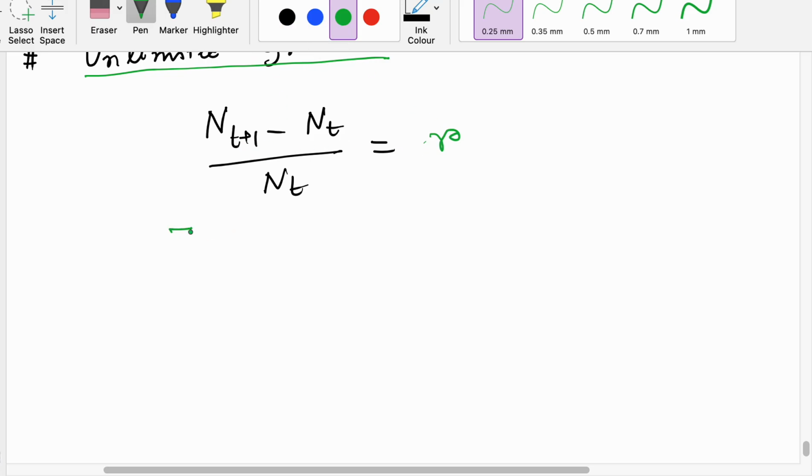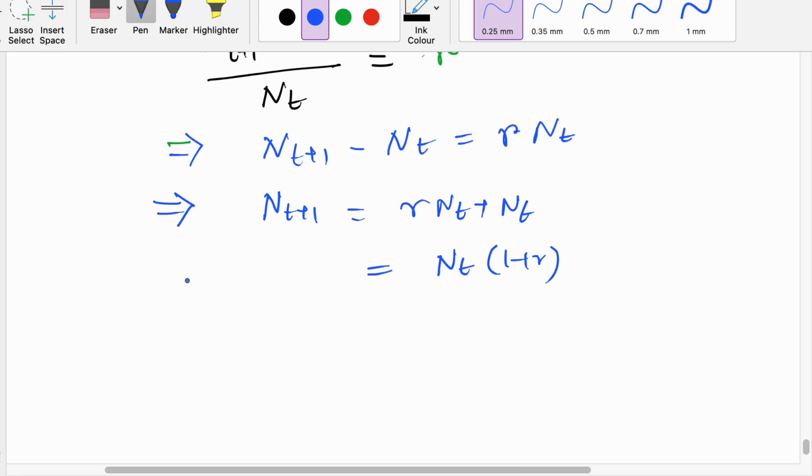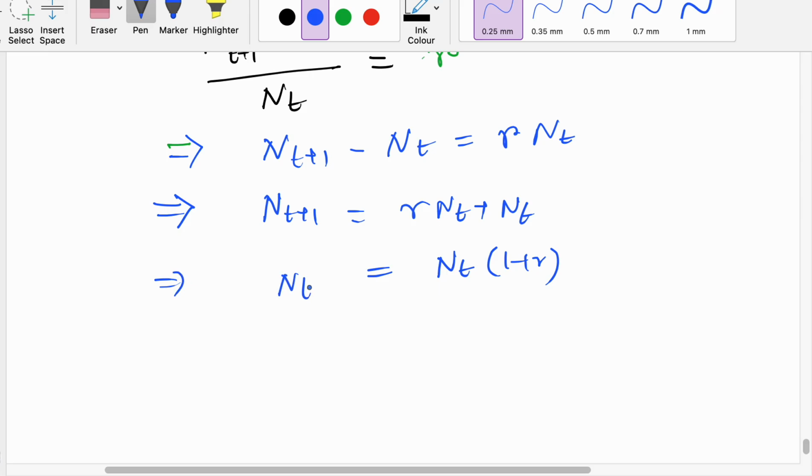So then we can write N(t+1) minus N(t) equal to r N(t). Maybe you are pointing toward these equations. So now N(t+1) equals N(t) plus r N(t), so by taking common N(t), it is N(t)(1 plus r). Now this is called the difference equation, or map.